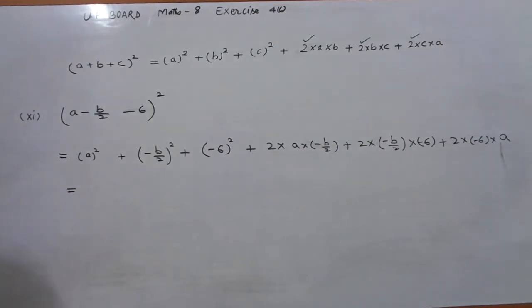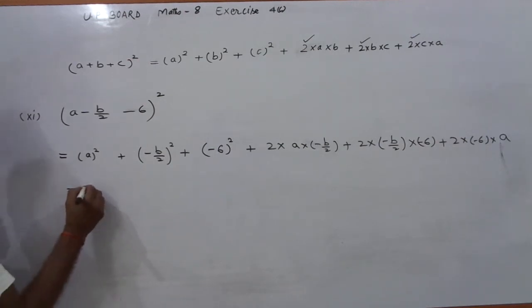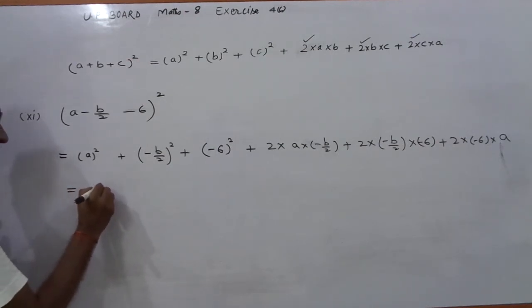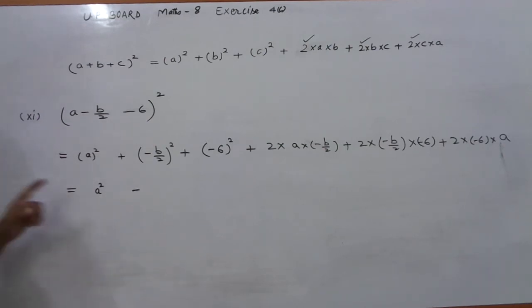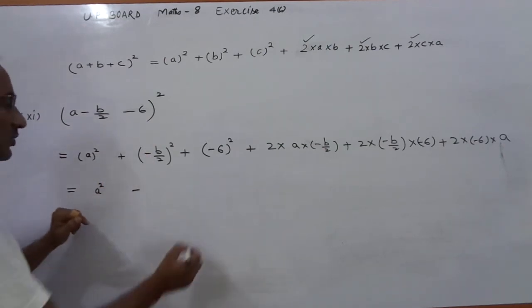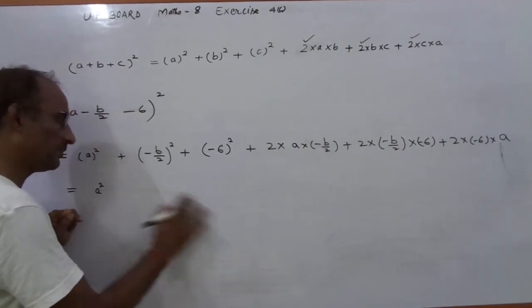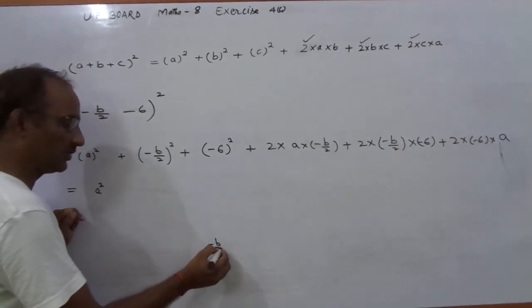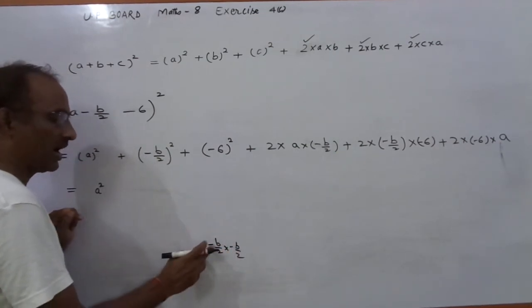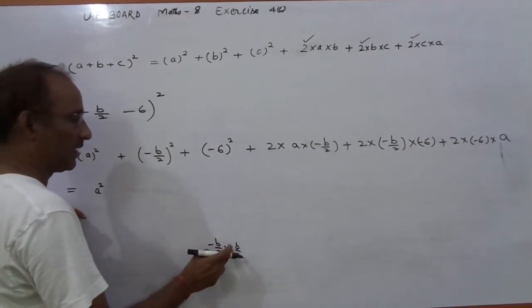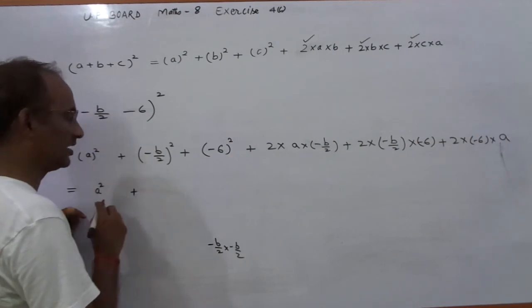Now a square, it means a is multiplied with a, so we get a power 2. When minus b by 2 is multiplied with minus b by 2, minus is multiplied with minus, we get a plus sign here.